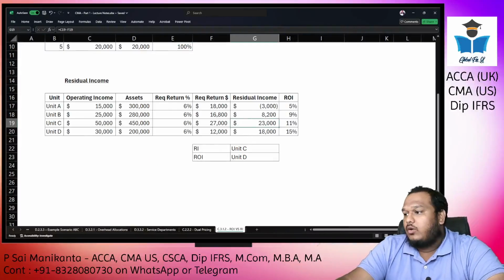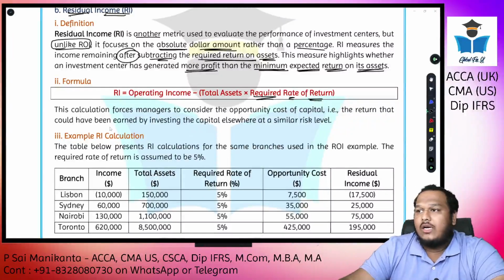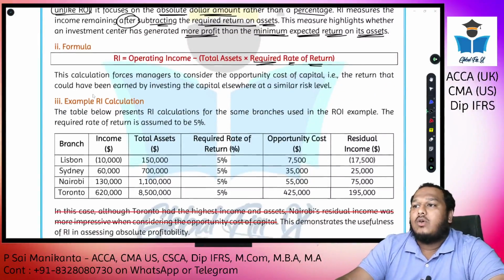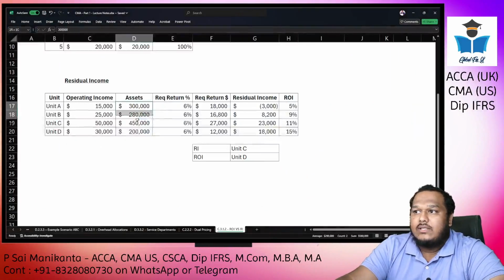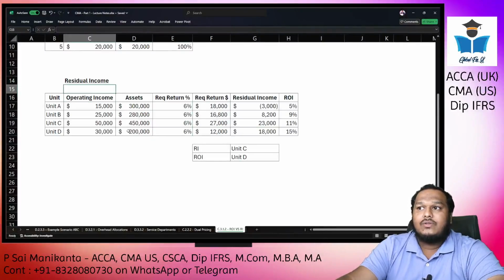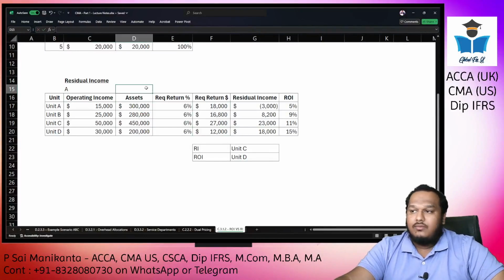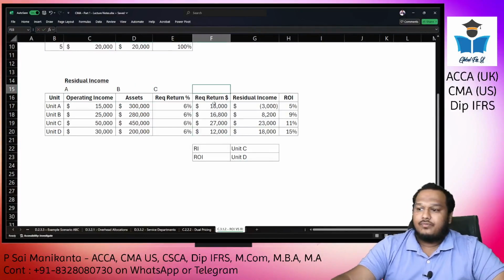Okay. Now look at the question in the textbook and you can find it's the same thing here. So the RI is operating income minus total assets into required rate of return. Total assets into required rate of return, that is the required return.